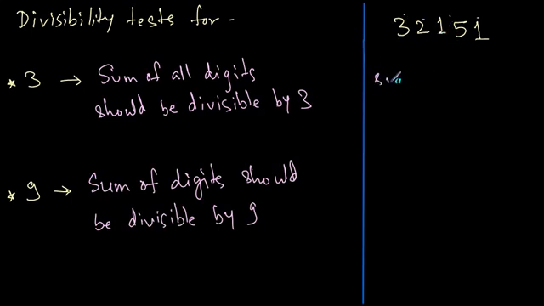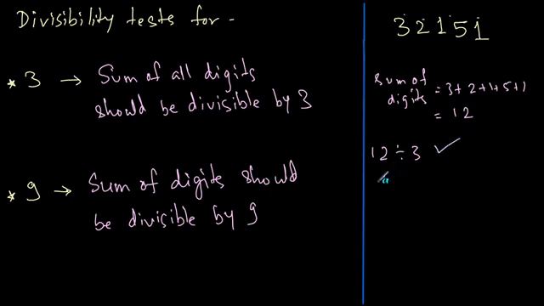So the sum of digits is 3 plus 2 plus 1 plus 3 plus 8. So 3 plus 2 is 5 plus 1 is 6 plus 5 is 11 plus 1 is 12. So 12 is divisible by 3, but 12 is not divisible by 9. So this number is divisible by 3 but not divisible by 9.